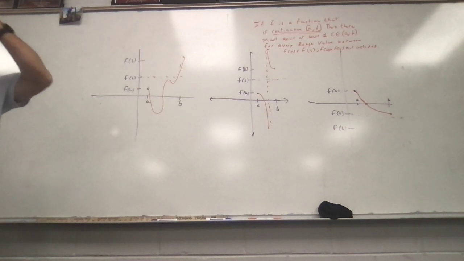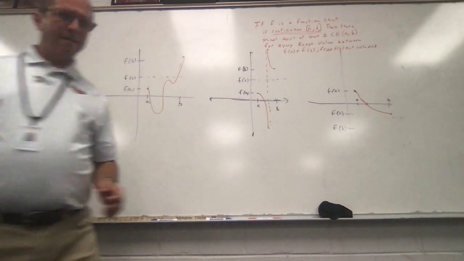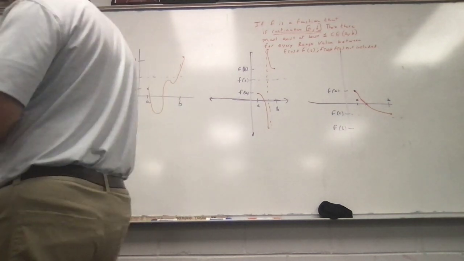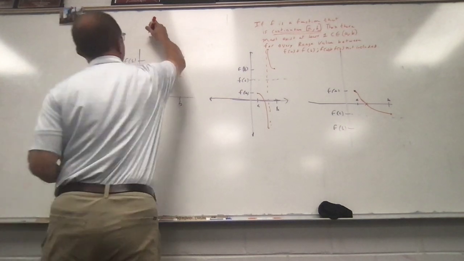So let's take, again, from your packet, on continuity. Let's go to the last page of your packet there, and we're going to look at this problem that is the square root of x to the fourth plus 25x cubed plus 10 equals 5.